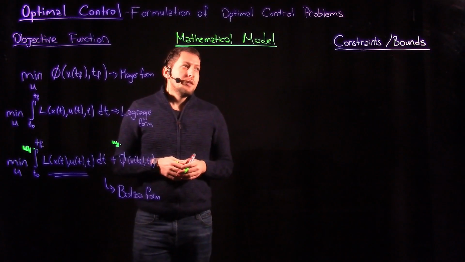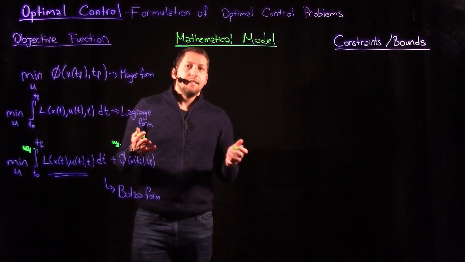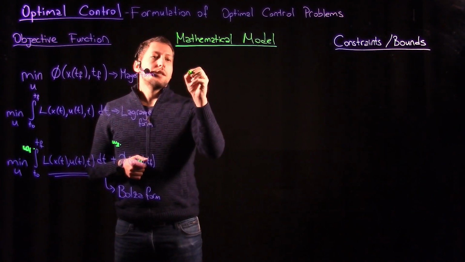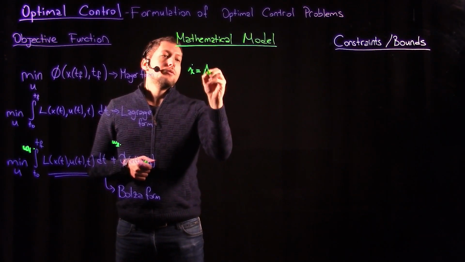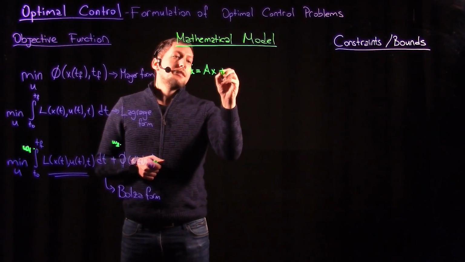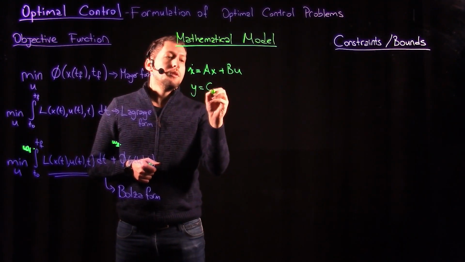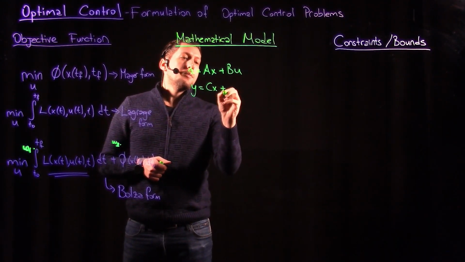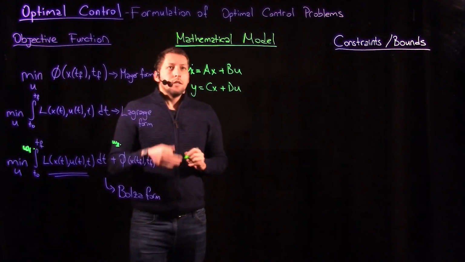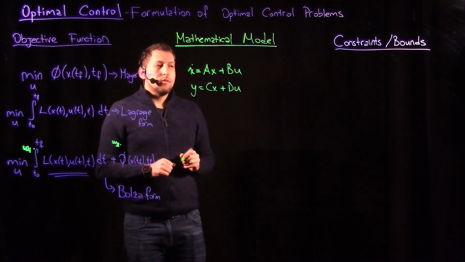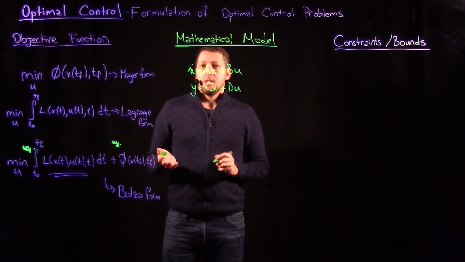One of them is a linear system, which we can write as x dot equals A times x plus B times u, and y equals C times x plus D times u.